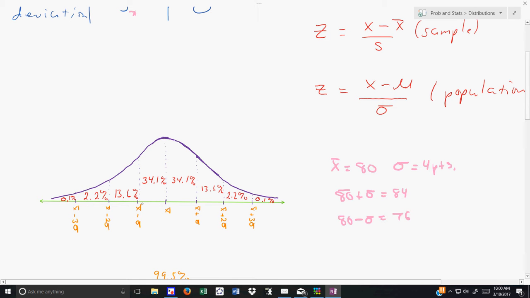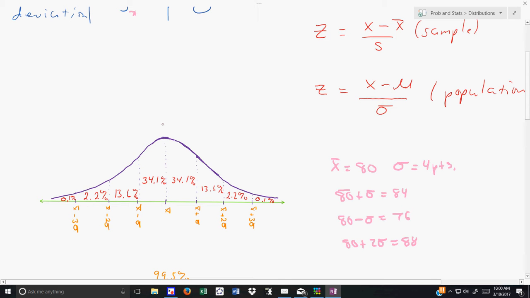If I want to go 2 standard deviations away, I would say 80 plus 2 standard deviations, and that would be, well, an 88. That means here is 2 standard deviations above the mean, and this would be an 88, right?